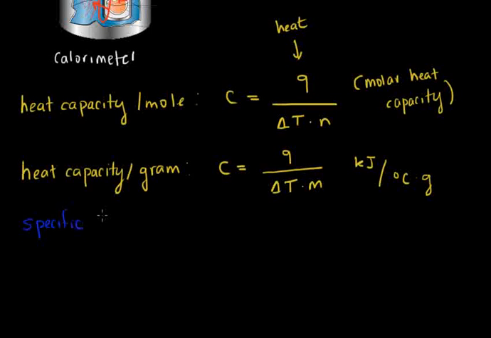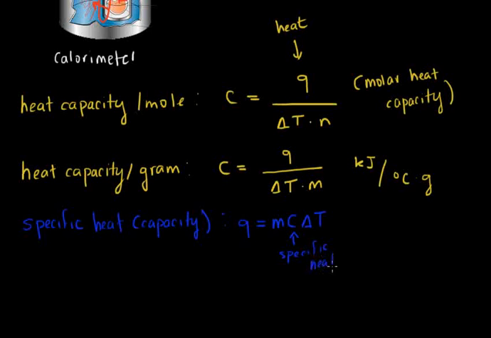Specific heat. I don't know why it's called specific heat, but that's what it's called. You'll sometimes see it referred to as specific heat capacity, so I'll put capacity in parentheses. And oftentimes we relate specific heat capacity to these terms in this way. We'll write it as Q equals mc delta T, where c is specific heat.